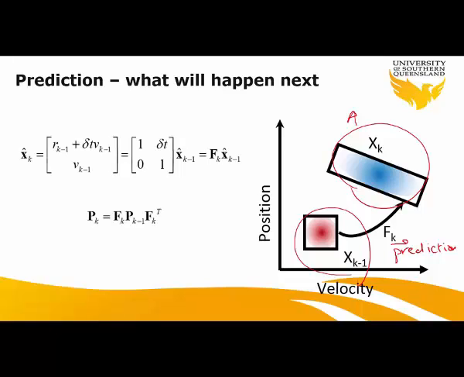If you want to write the formula for that, the only thing which is added is this one. Consider the previous one was only R and V, obviously, at time k minus 1. Then we added the change based on the velocity, which is going to be Fk, our function.